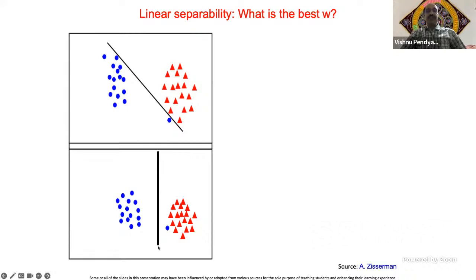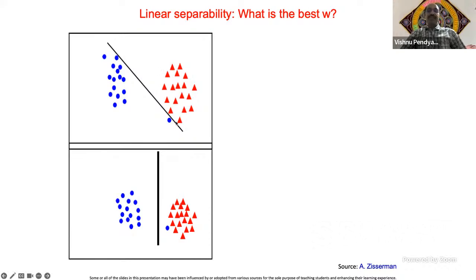Which of the two do you think is better? Obviously the second one, right? Because the margin is wider. That means the model is regularized very well and will generalize well. All the good things are there in the second model. But our support vector machine results in the first model.